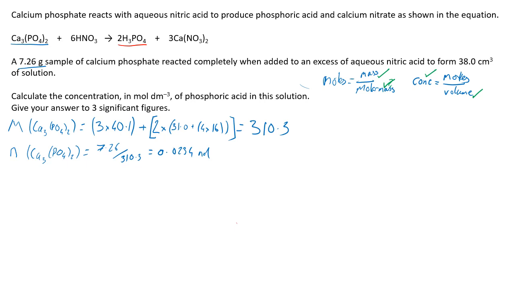But what we want to know, to put it into the second equation, is the moles of the phosphoric acid. So now we have to look at the equation and look at the ratio. There's nothing in front of the calcium phosphate. That means it's a 1. In front of the phosphoric acid, there's a 2. And that means the ratio that we care about, the calcium phosphate to the phosphoric acid, is going to be 1 to 2.